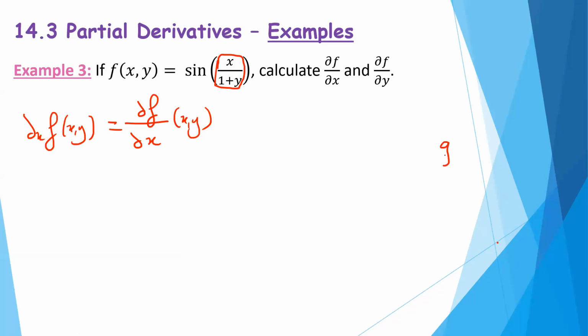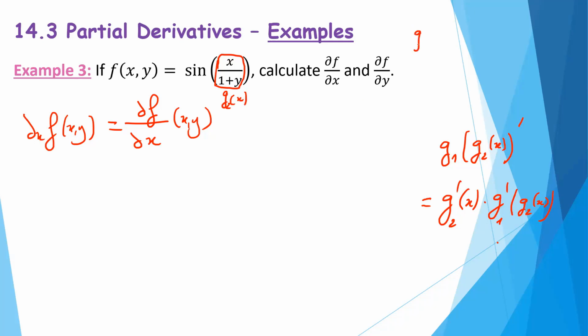So if we have g1 of g2 of x, the derivative of this function is the inner part g prime 2 times the outer part g prime 1 evaluated at g2. So if we apply this formula, the inner part is g2 of x.